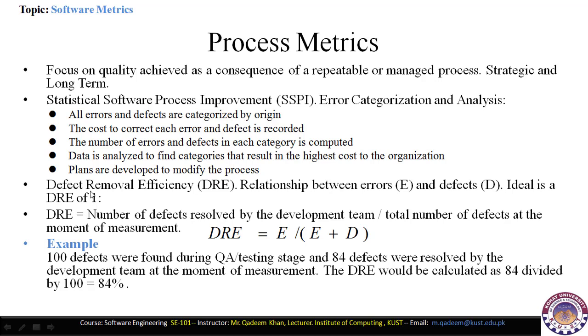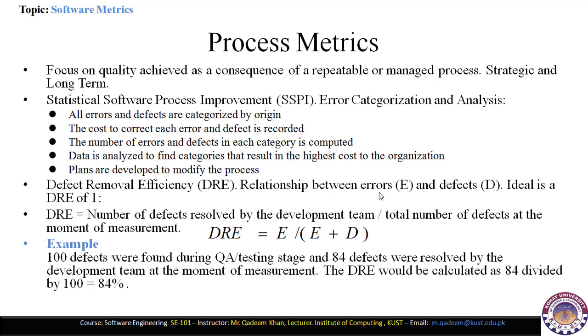Now for this purpose we use the defect removal efficiency matrix, the DRE. Defect removal efficiency is a matrix which shows the relationship between errors E and defects D. So again I am explaining that an error is an issue which, if it occurs, the program will not be executed, and this usually arises during the development time or in the programming phase.